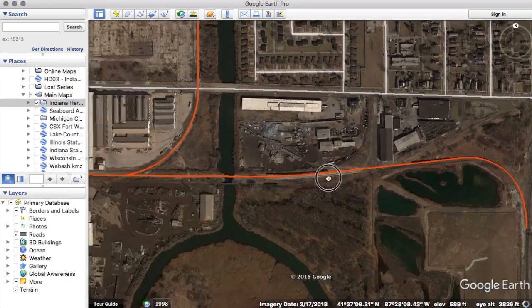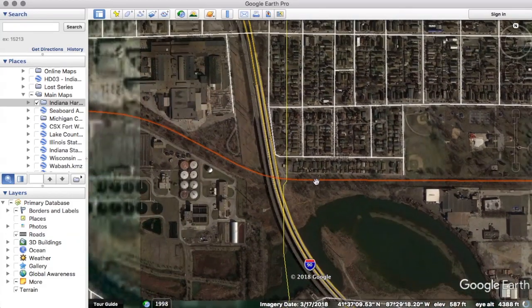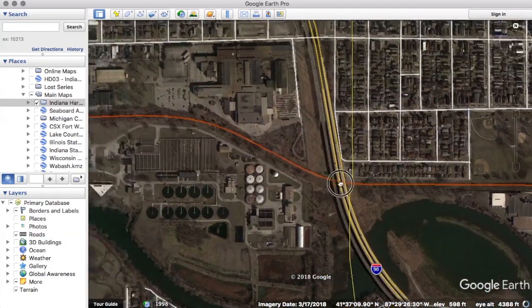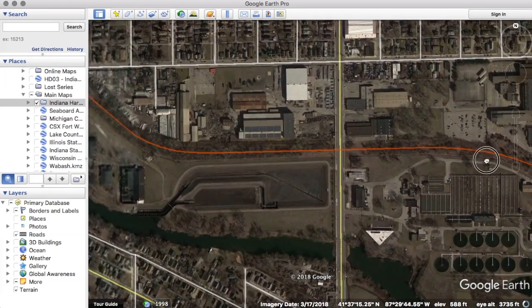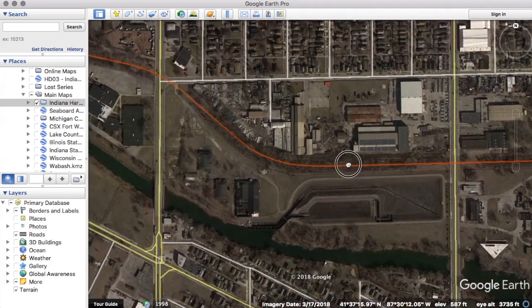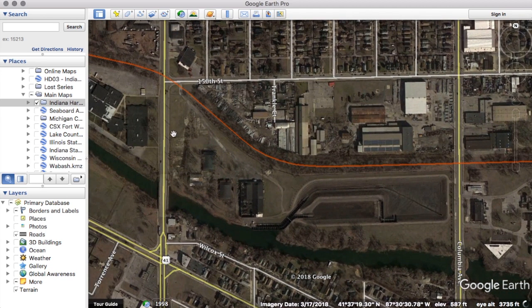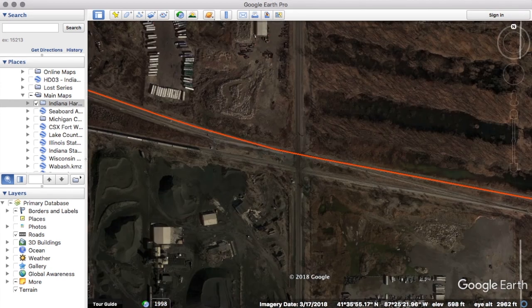But this spur goes almost due west through the city of East Chicago and into Hammond city limits. You see this spur continues on west across Columbia Avenue, where we get to 150th and Calumet, which is right here. All right, so now we're back at Ivanhoe, as you can see.